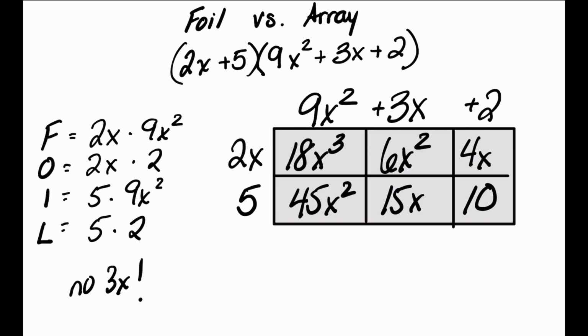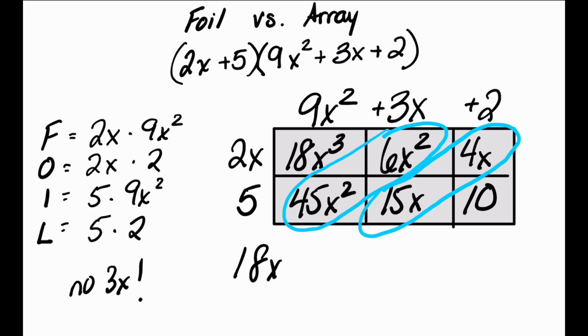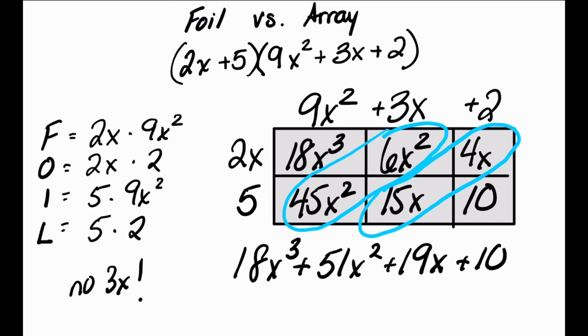So the big thing with arrays is you just have to know where the two numbers are coming from. And the great thing is when it's time to add up, I can see where my like terms are. I can see them when I'm adding them up. So now with the first one I have 18x to the third power plus 45 plus 6, since they're both positive, would be 51x squared plus 19x, because 15 plus 4 is 19, plus 10.